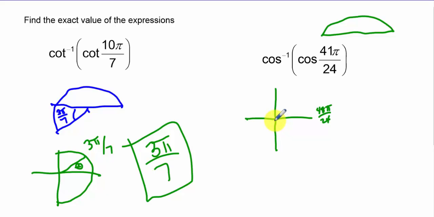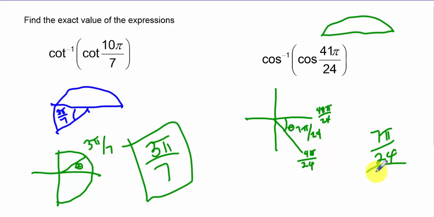So this is somewhere in this quadrant, in which case to get to 48, if this is 41 pi over 24, my reference angle in this case is going to be 7 pi over 24. Now the cosine here is positive, so the question is, what angle in the first or second quadrant gives me the same x value as 41 pi over 24? Well, that's its reference angle of 7 pi over 24, which is in the first quadrant, somewhere over here.